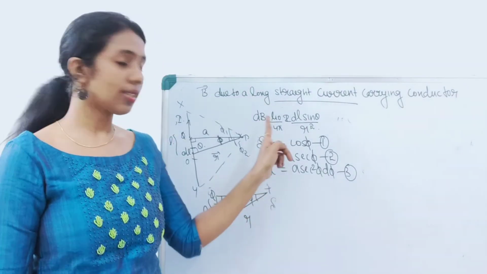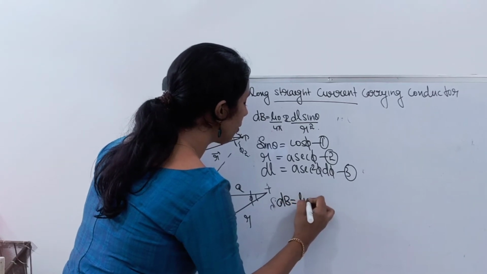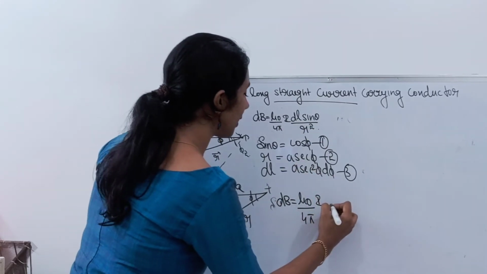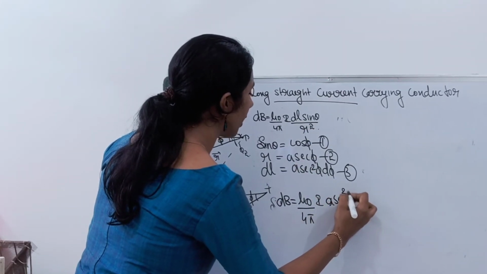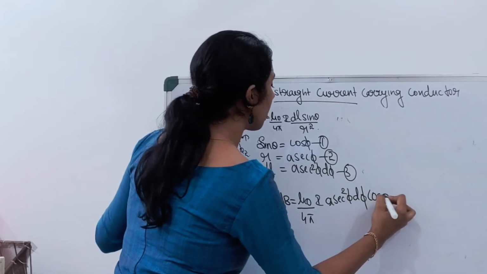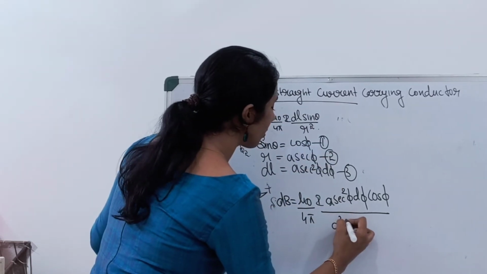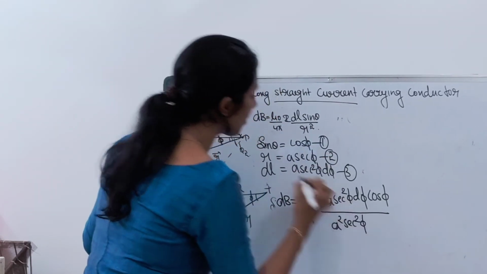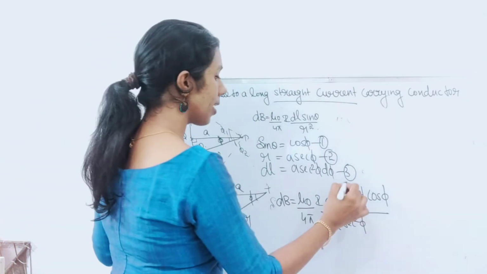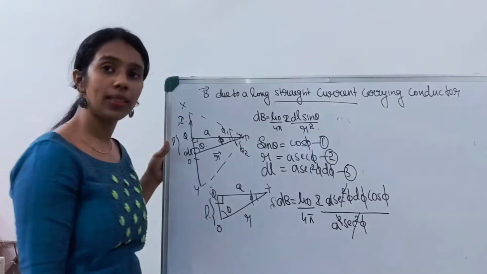Now we will substitute all these in dB. So dB is equal to mu 0 by 4 pi, I. Instead of dl we can write a sec square phi d phi. Instead of sin theta, cos phi, divided by, instead of r square, a square sec square phi, because r is a sec phi, so r square is a square sec square phi, where sec square phi cancels, and a and a in the denominator cancel.